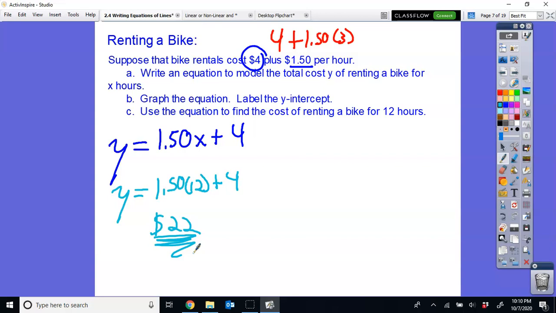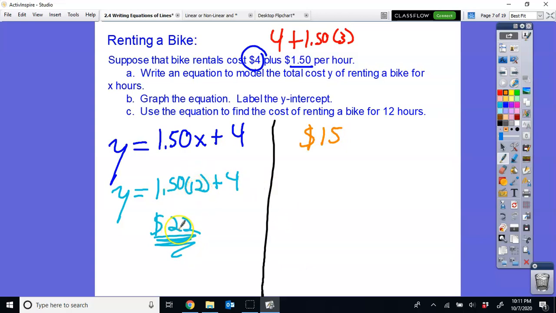But there are other times when in real life you have this concept, but instead of knowing how many hours you're going to be biking, you know that in your wallet you only have a certain amount of money. Let's say you only have $15 in your wallet. If that's the case, I can't plug in 12.